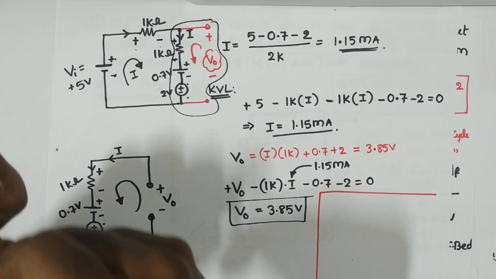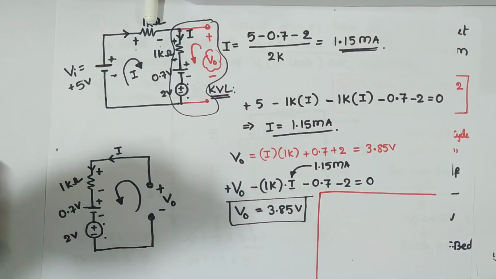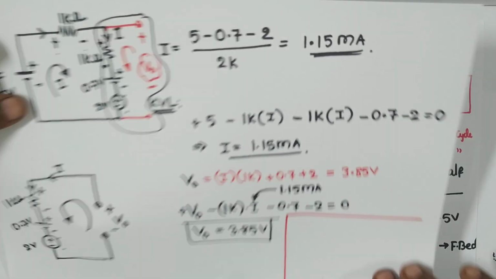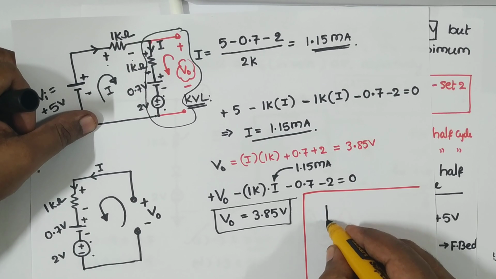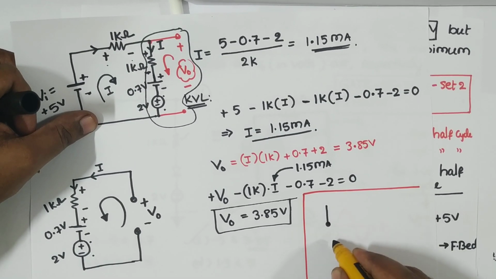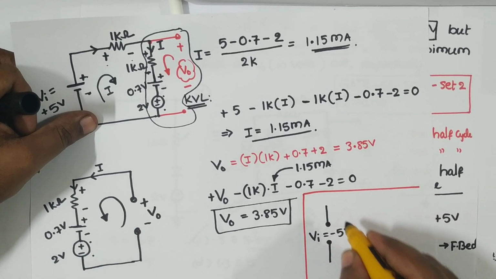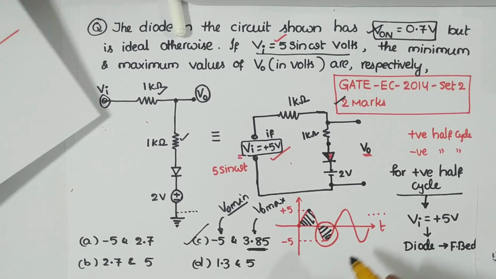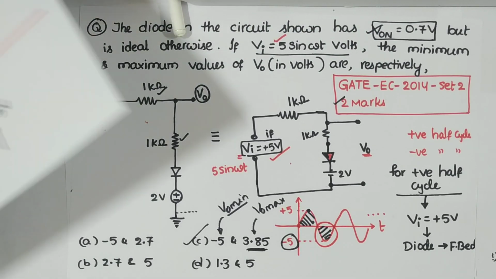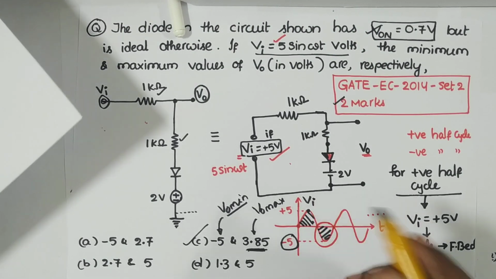So this is my Vi, since I'm giving a negative half cycle, so Vi is negative 5 volts.